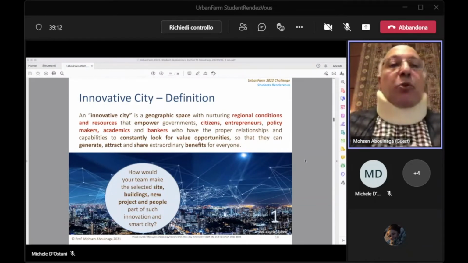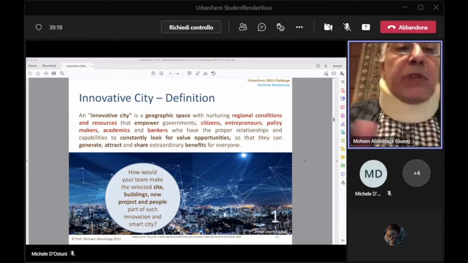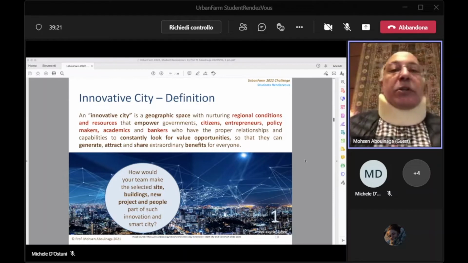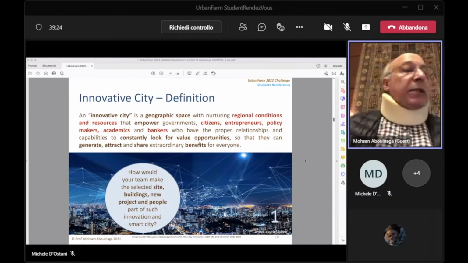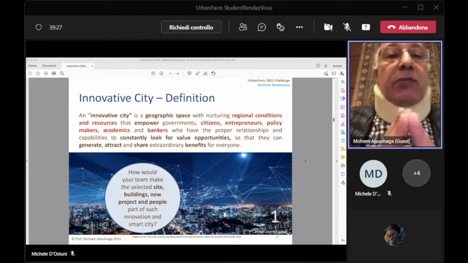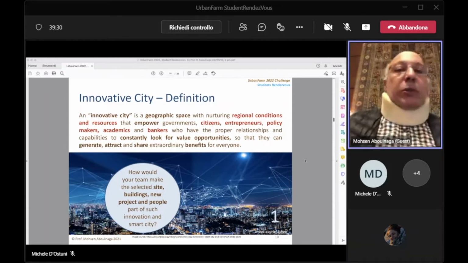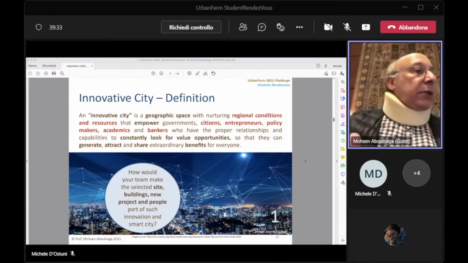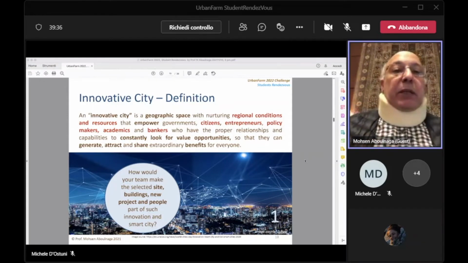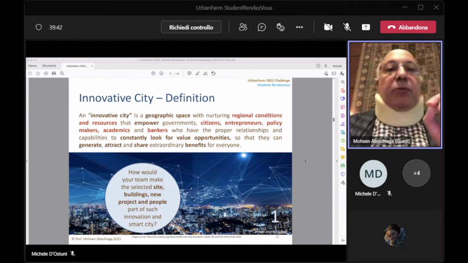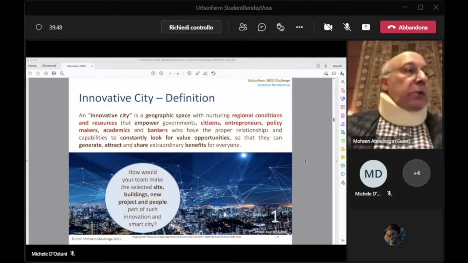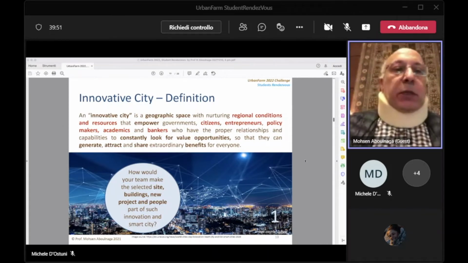So a group who has bankers or students with a financial background will actually be an added value, who have the proper relationships and capabilities to constantly look for opportunity and value opportunity. How would your project and your team make the selected site, building, new project, and people part of such innovation and smart city? You need to focus on how your project will be a key player in making the city smart, whether in public transport or building or social activities or economic activities. So that's a big issue.